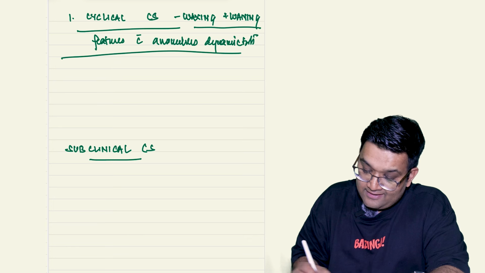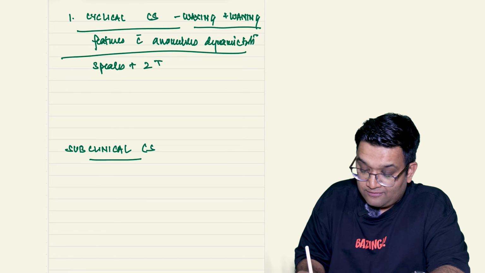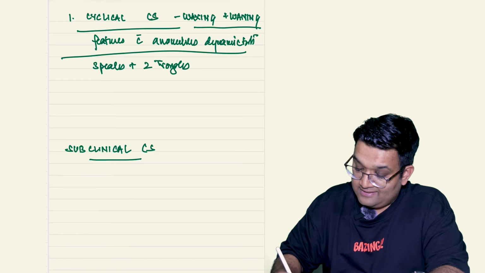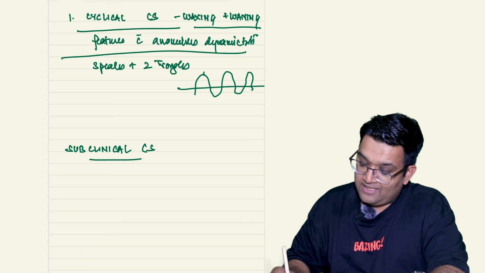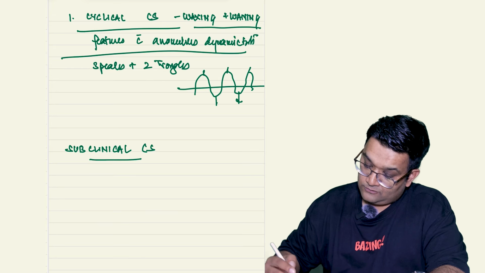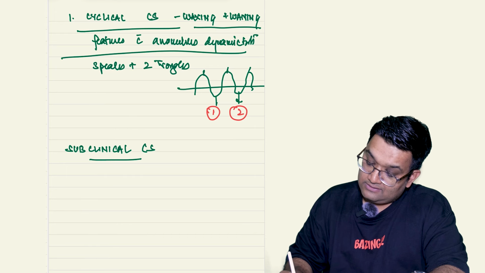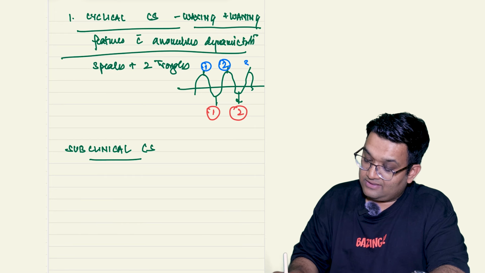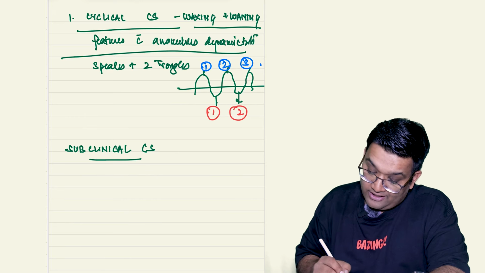So we define it as 3 peaks plus 2 troughs. That is like this. It is going like this. So it has to have 3 peaks and 2 troughs. So these are the 2 troughs and these are the 3 peaks that are occurring. Alright. So frequent monitoring is needed.